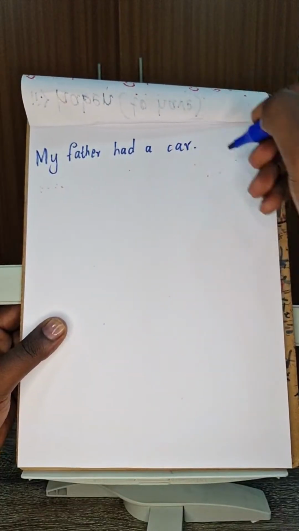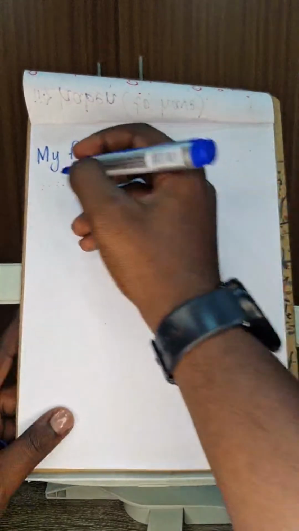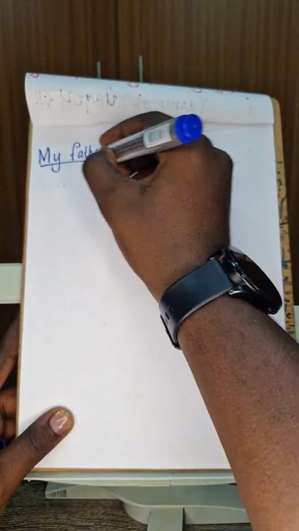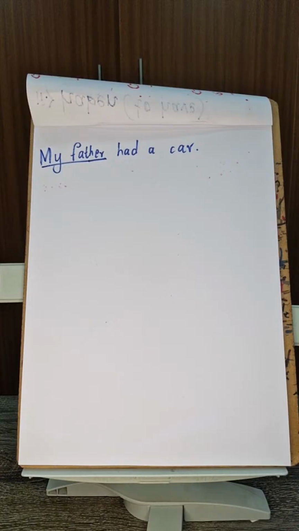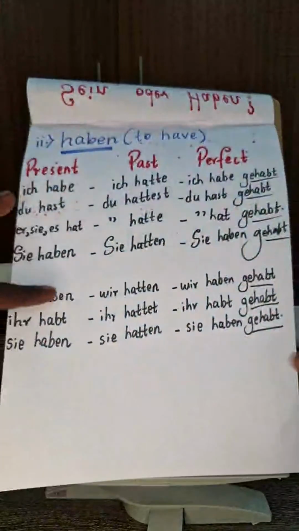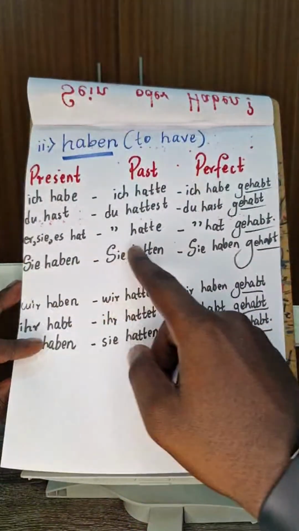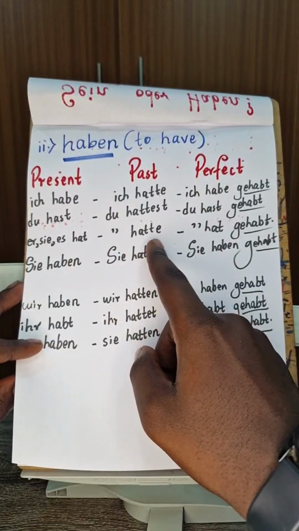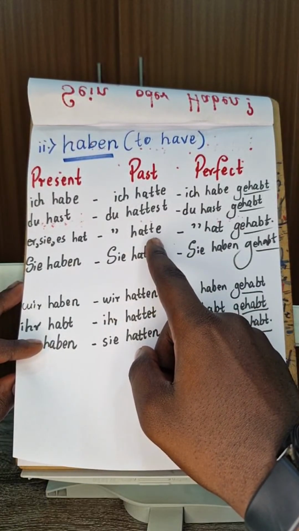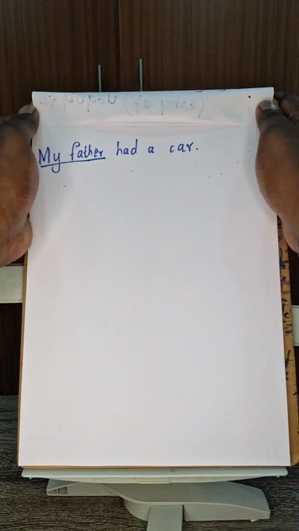Even before we proceed, you have to confirm which category father is under. You can see father falls under er, a he. So if we check in the category of er, in the past, had becomes hatte. Mein Vater hatte.